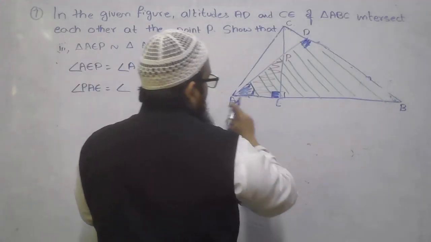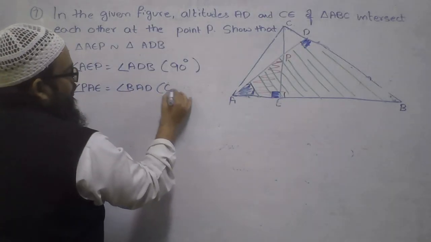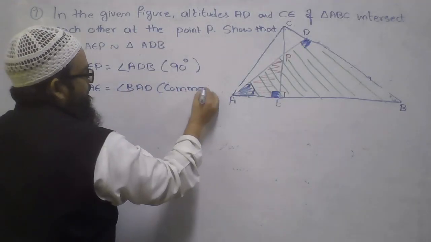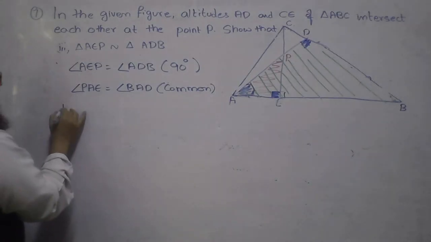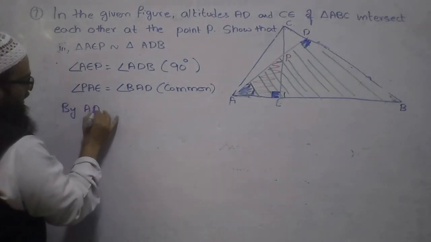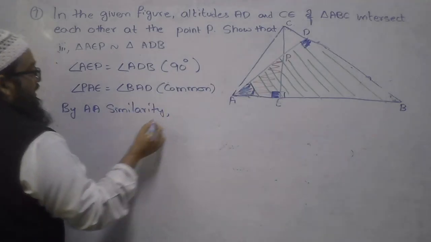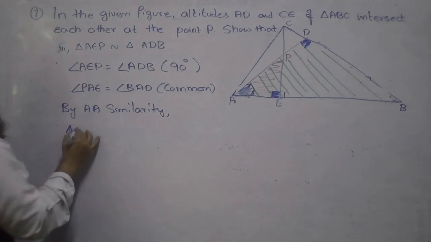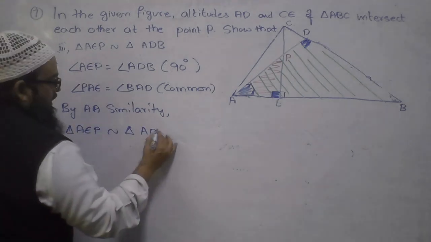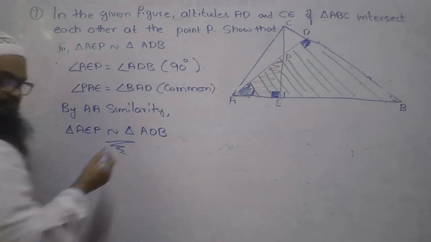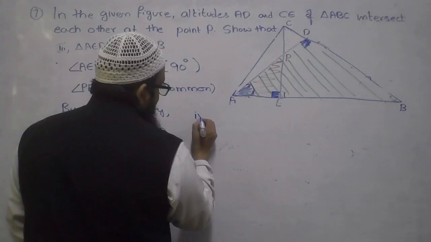Let me check BAD. Yes, it is common. Therefore, angle and angle are equal by the angle similarity criterion. By similarity, triangle AEP is similar to triangle ADB. Proof. Understood or not? So let us see the fourth one.